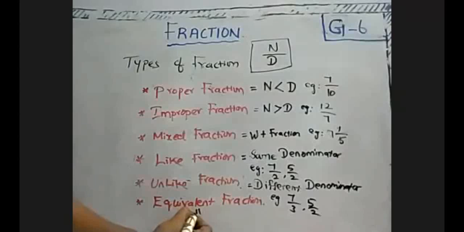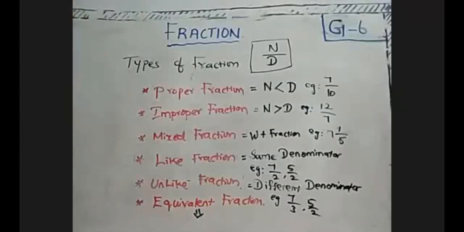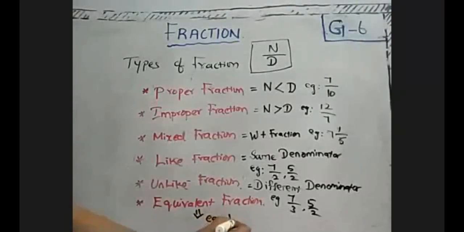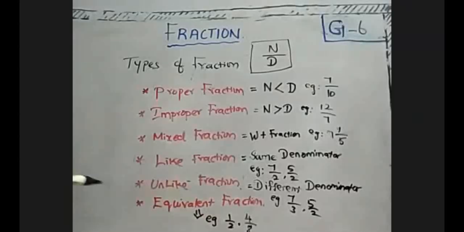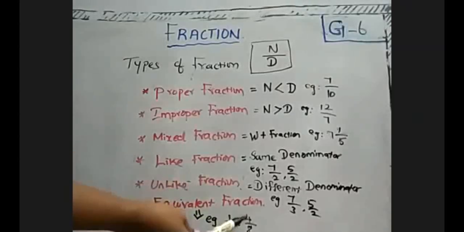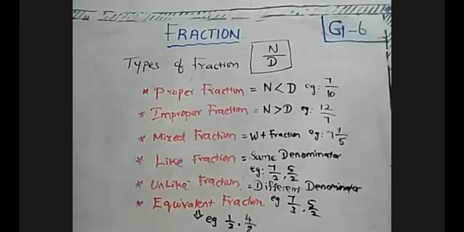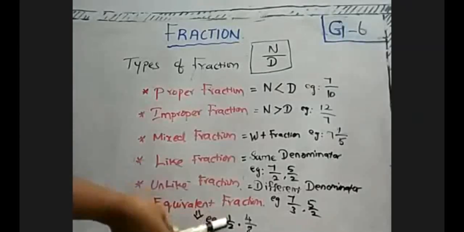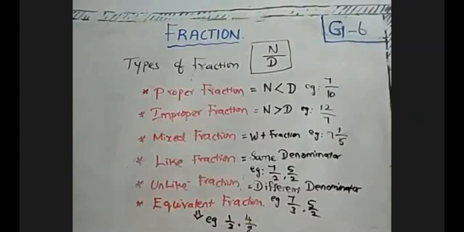Next, what is meant by equivalent fraction? Equivalent fraction means when you compare two fractions, after reducing, they should be equal. That is called equivalent fraction. For example, suppose you are taking 1 by 2, comma 4 by 8. The question may be asked like this: are 1 by 2, 4 by 8 equivalent fractions or not?